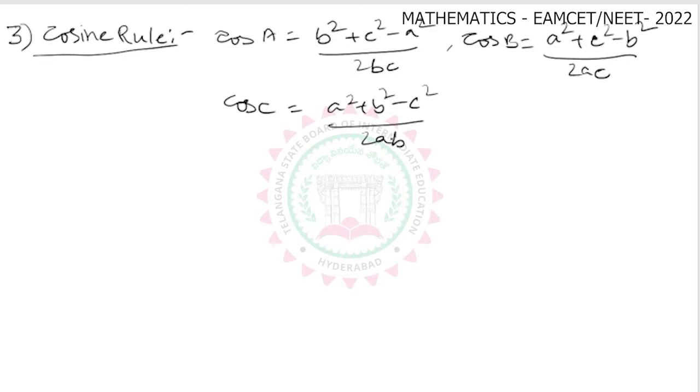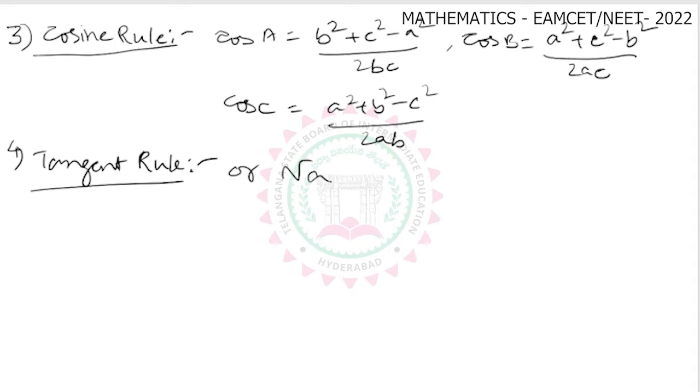Then next formula is called the tangent rule, or it is also called Napier's analogy.